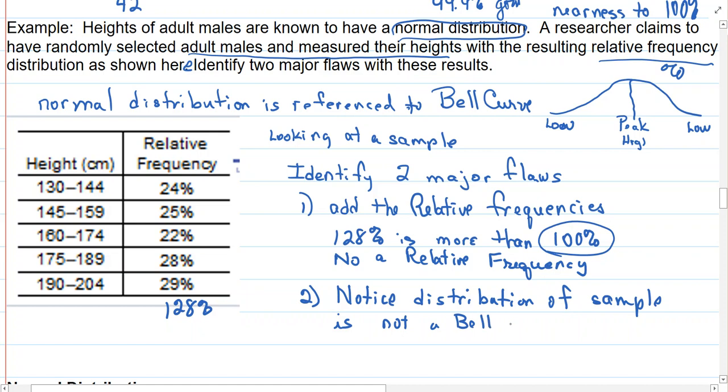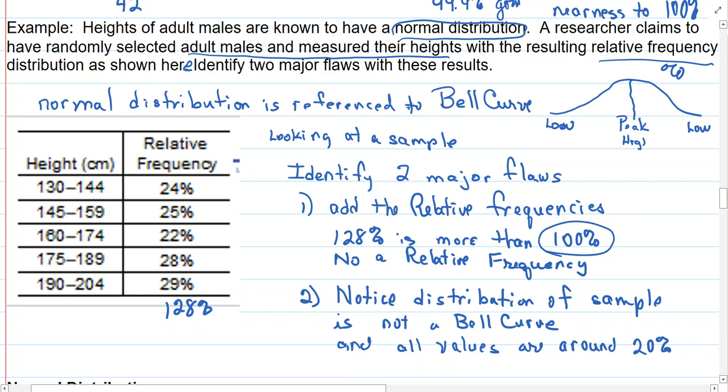So it's not normally distributed. So there's something wrong with the data collection as well. And all values are around 20%.